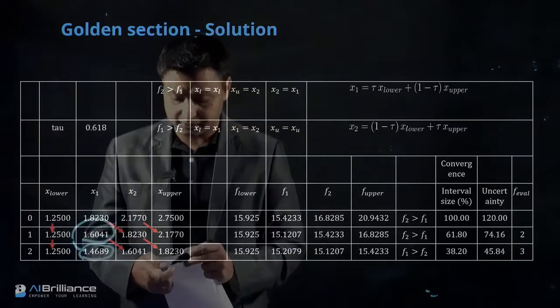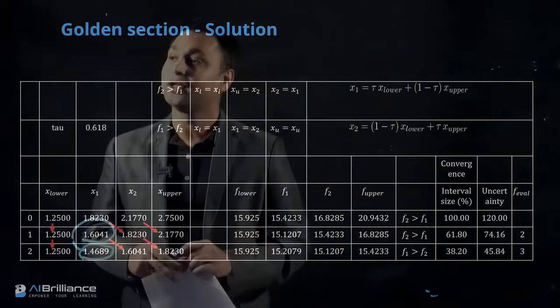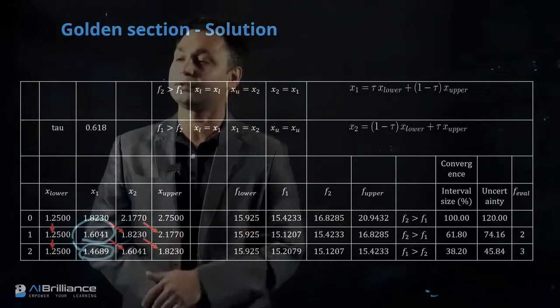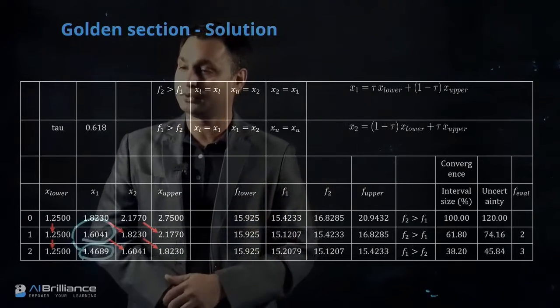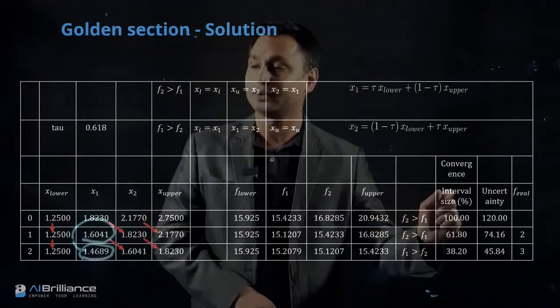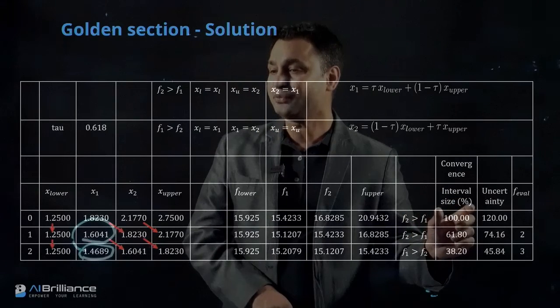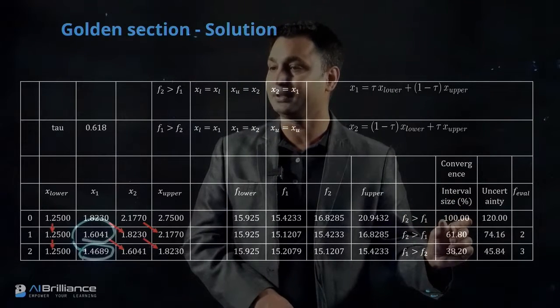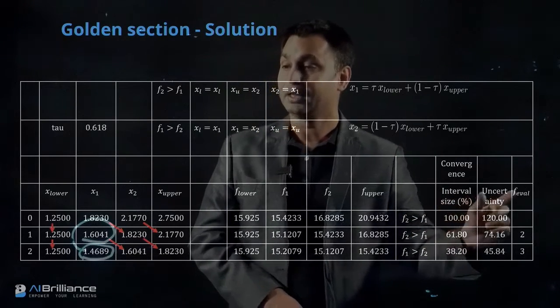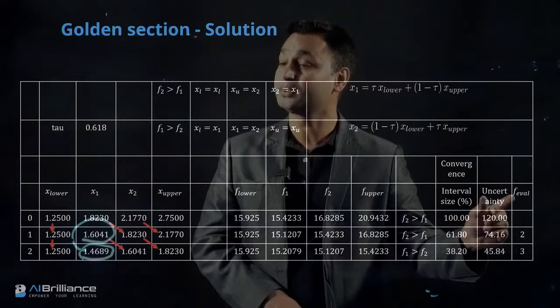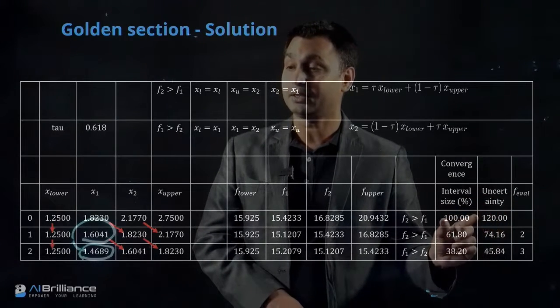So let's take this and extend this table further and look into even more iterations so that we can understand how the convergence will happen. Before I go there, one of the other things that you want to see is, as we are moving in the iterations, we are computing this interval size and we are also computing this uncertainty. These values are reducing.